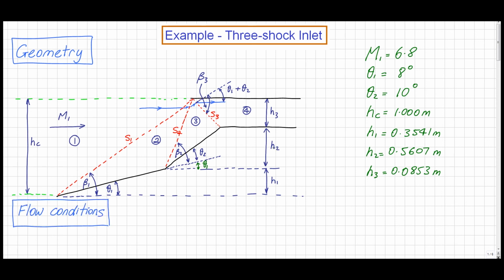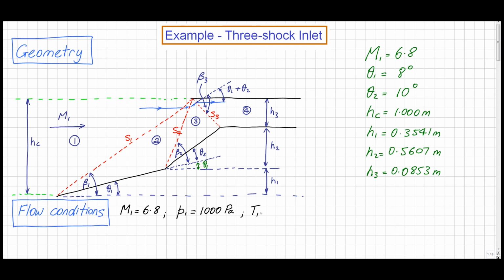I want to just finish up formulating the problem by specifying the flow conditions. So let's say we've said that our oncoming Mach number is 6.8. We need some pressures and temperatures. We'll take conditions for around about 31 kilometers altitude in the Earth's atmosphere. Static pressure we'll set to a nice round number of 1 kilopascal, so 1000 pascals.